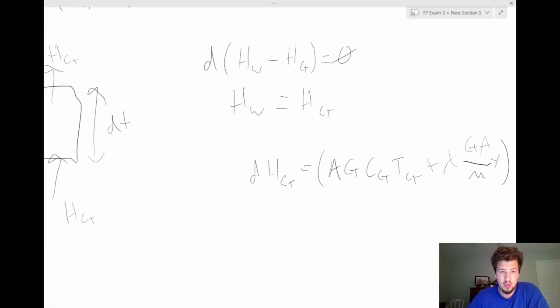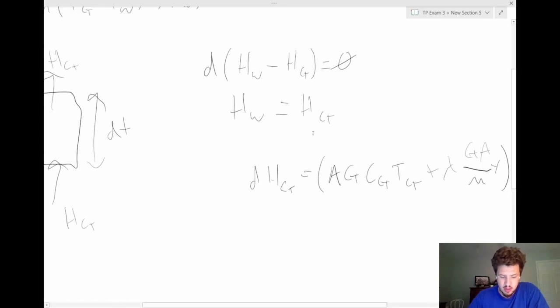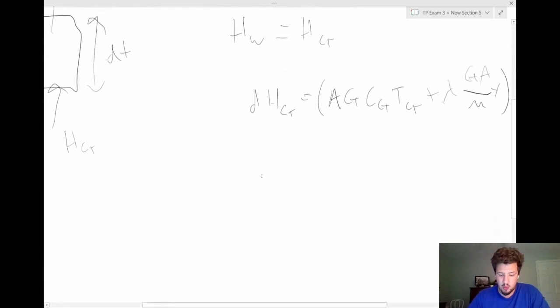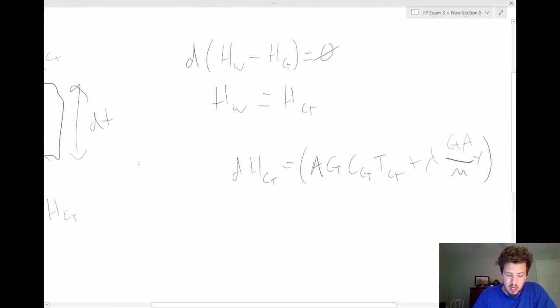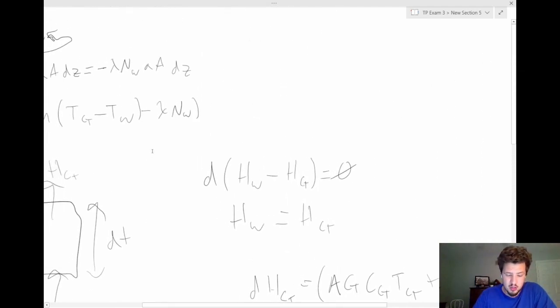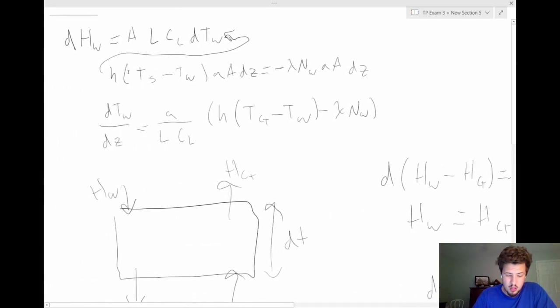So we want to equate these two functions so that we can find our change in the temperature of the gas with respect to position. So we're going to write out, or I can copy and paste, this equation right here.